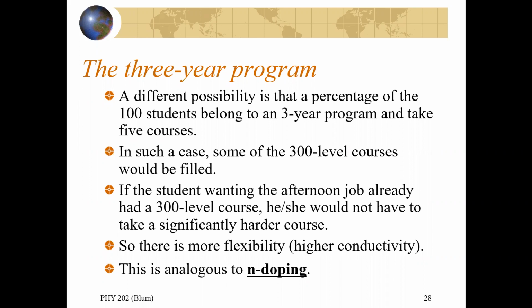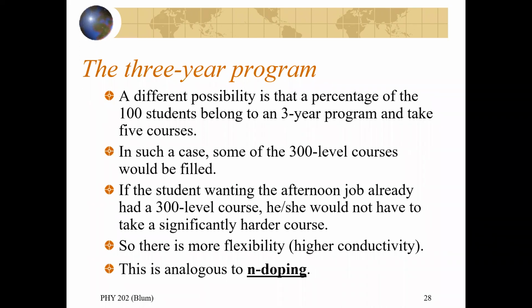So at this university with n-doping, with the 3-year program, when the students register for the class, there are some students in the 300 level classes. Those students in the 3-year program might not be the ones taking the 300 level course.